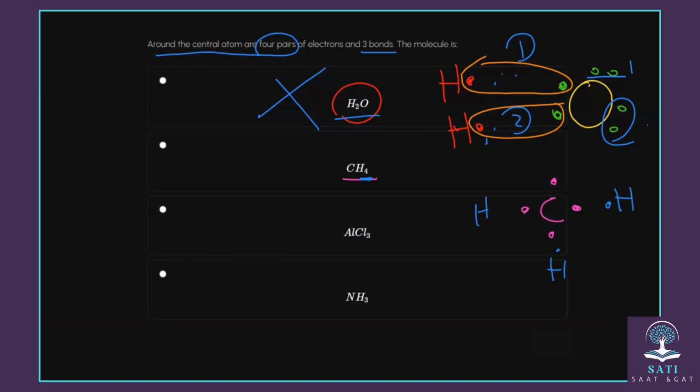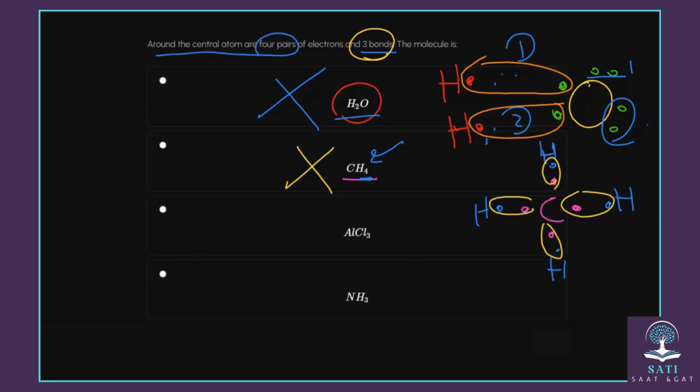We have 4 hydrogens, so we draw 4 hydrogen atoms around the carbon. Each of these becomes 1 bond. So around the central atom, carbon, there are 4 bonds. The question asks about 3 bonds, not 4, so this one is not right.